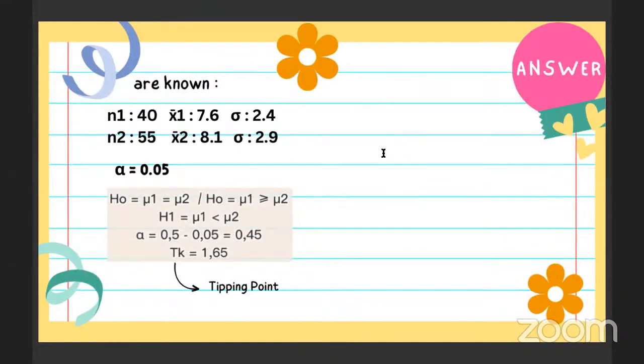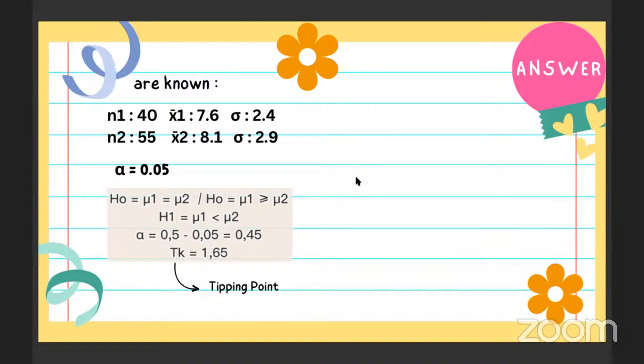So here's the answer. Known values: n1 is 40, x bar 1 is 7.6, and sigma, or standard deviation, is 2.4. And n2 is 55, x bar 2 is 8.1, and sigma is 2.9. And alpha is 0.05.